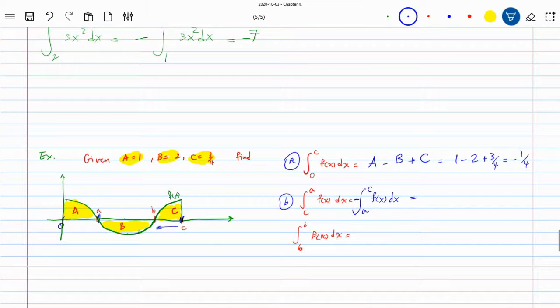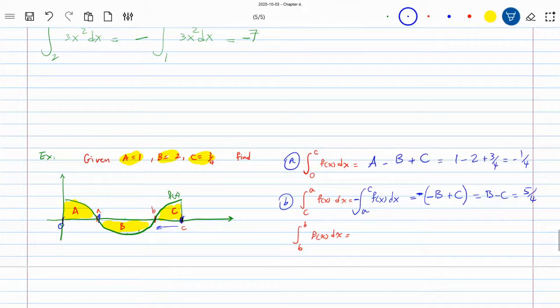What is the area from A to C? It should be negative B plus C. But there was a negative outside. Do not forget that negative. It would be B minus C. You could have done this by just going backward and saying negative negative becomes positive. So B minus C is 2 minus 3/4, which is 5/4.